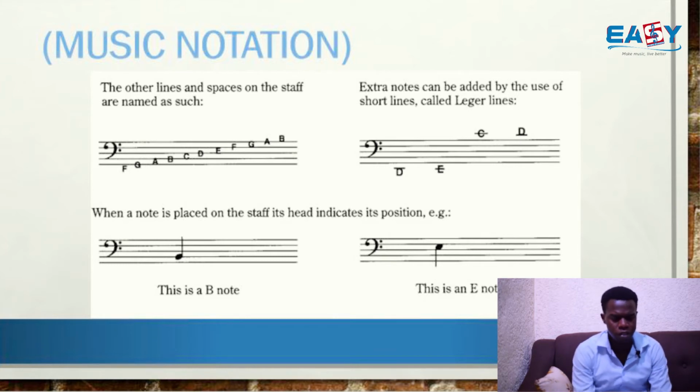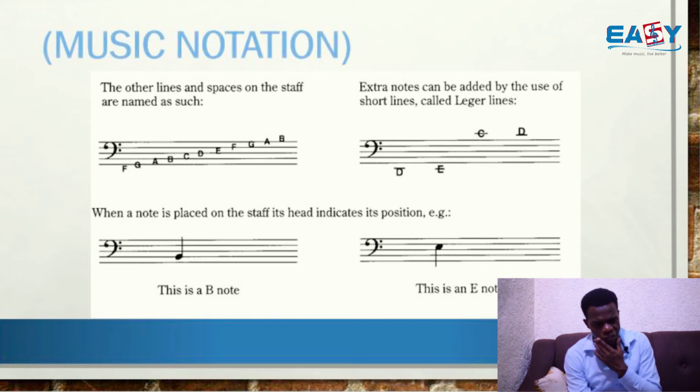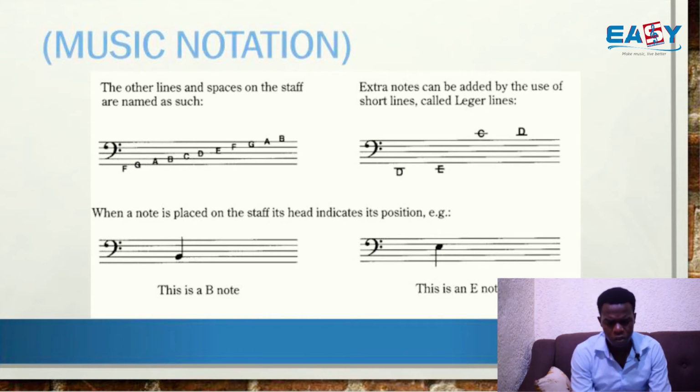The bass clef starts from F, G, A, B, C, D, F, G, A, B. If the notes to be played are outside the music staff, we import other lines that are called ledger lines. The ledger lines are lines that are imported to indicate notes that are outside our music staff.